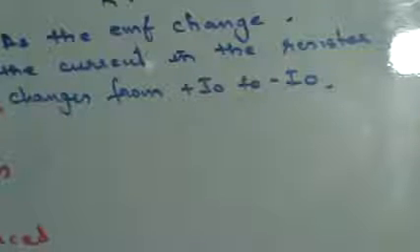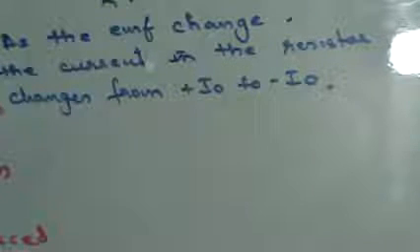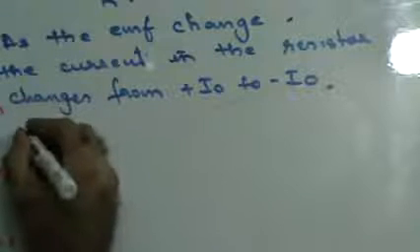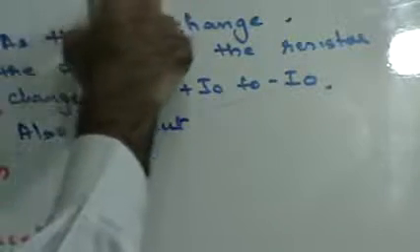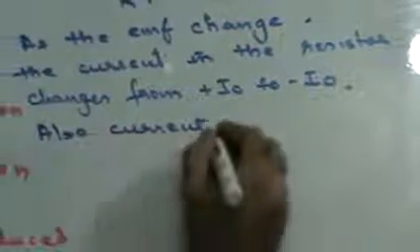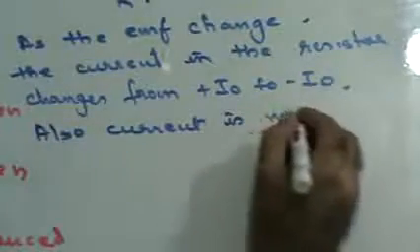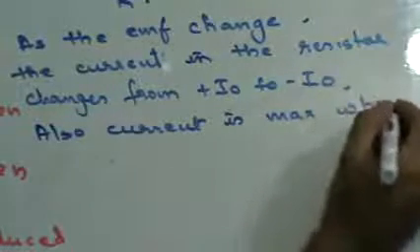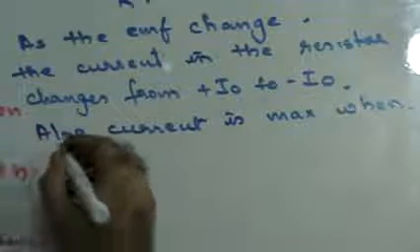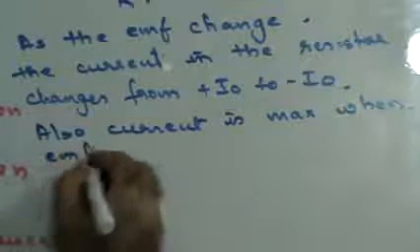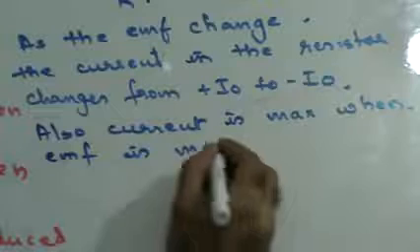Moreover, the current is maximum at the instant when the EMF is maximum. Obviously, because I0 is E0 upon R, if E0 is maximum, then I0 will be maximum. Also, current is maximum when EMF induced is maximum.